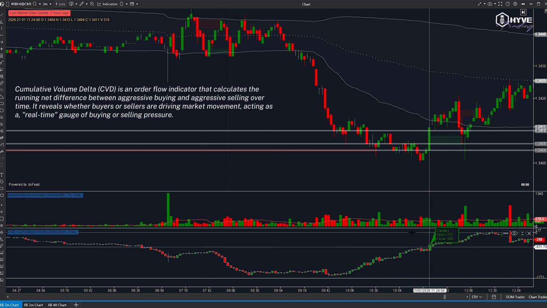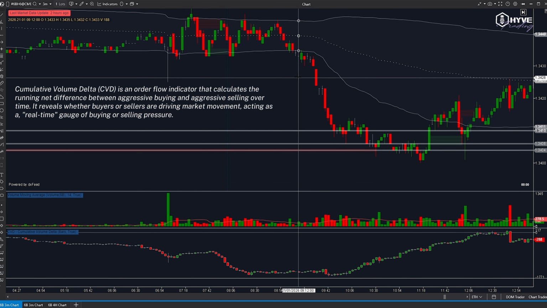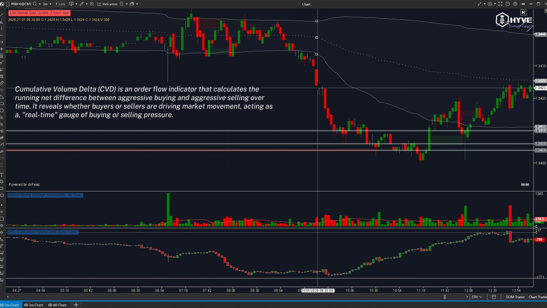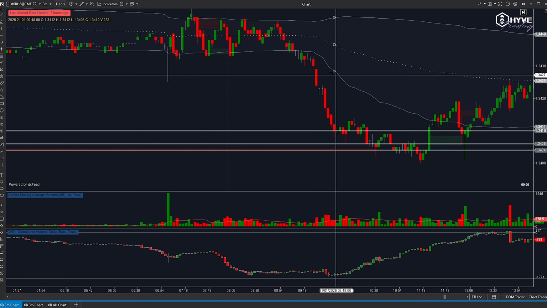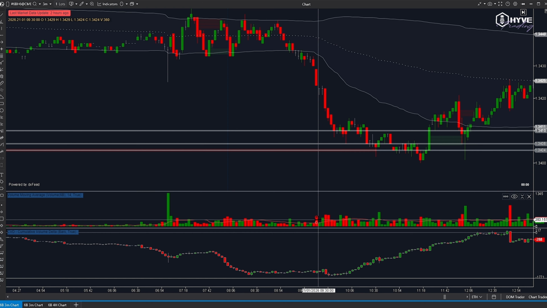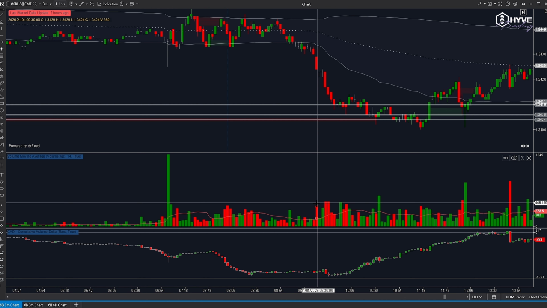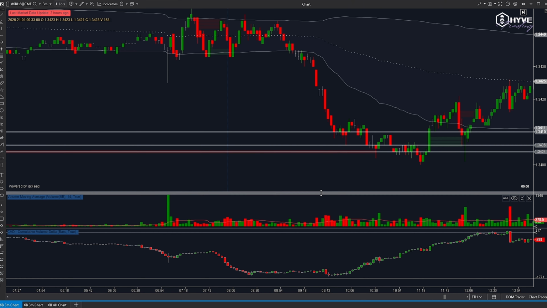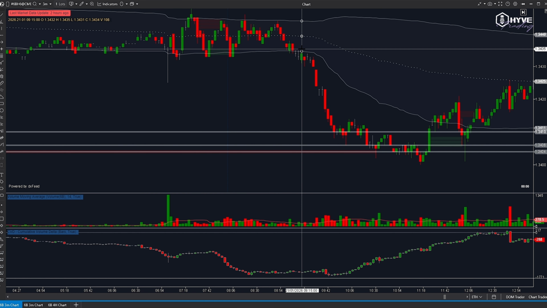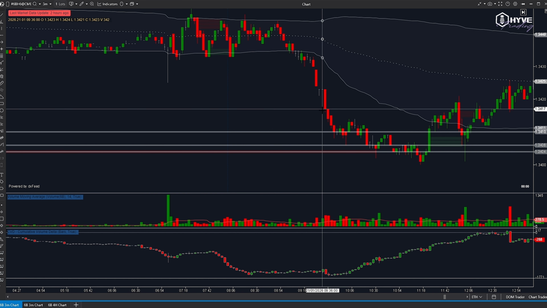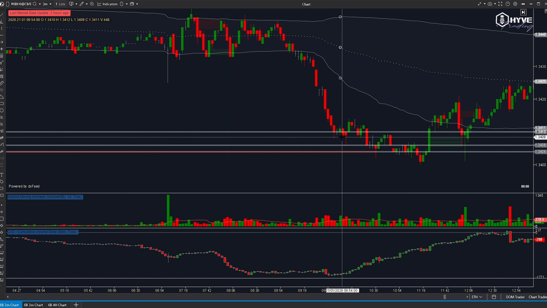If I pull up the cumulative volume delta, you can see price traded down into our levels of interest very aggressively, which is the selling climax, because for a couple of bars consecutively, we had above average selling volume, right? So as price came in, we had climactic volume as price came into our levels of interest.